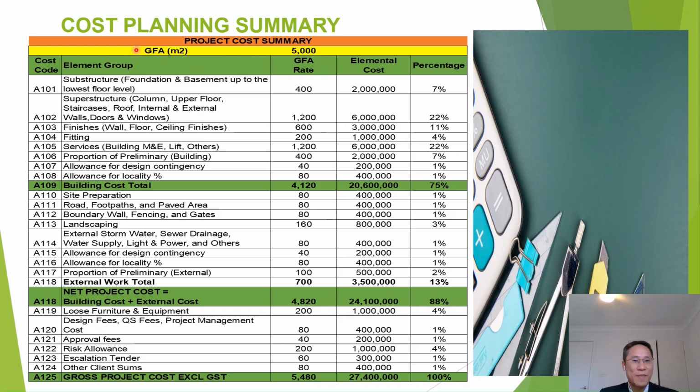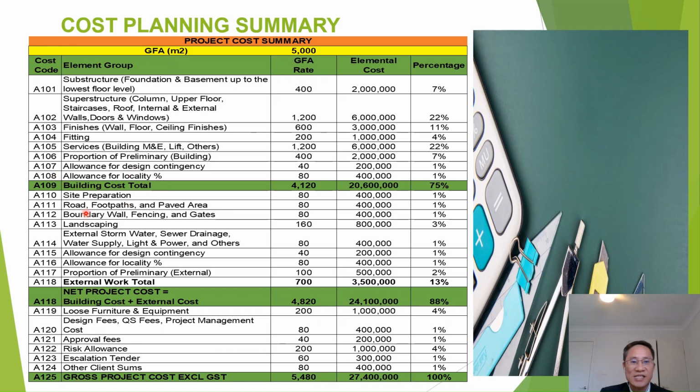In this format, as you can see, first we will have the gross floor areas, in square meters, and the element groups include substructure, superstructure, finish, fittings, services, and preliminaries of the building, and this elemental cost will form the building cost total.